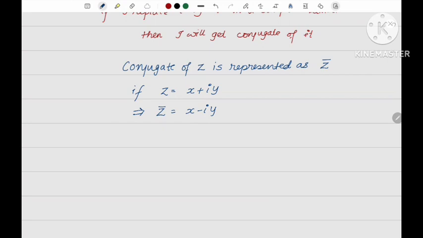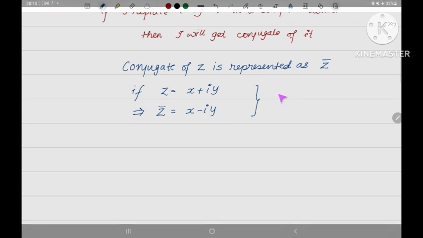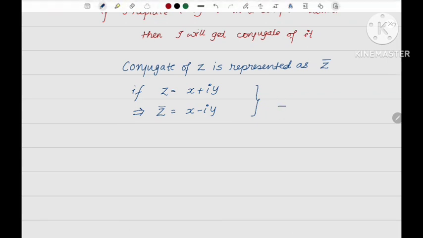So if you concentrate on this, you will realize, if I take the mirror image of z bar itself, if I take the mirror image of z bar about the real axis, then what will I get? The conjugate of z bar. That means the conjugate of z bar, that is z bar bar, will become the complex number itself.